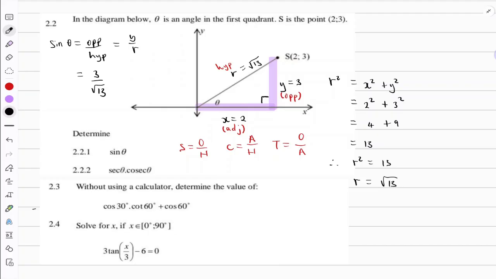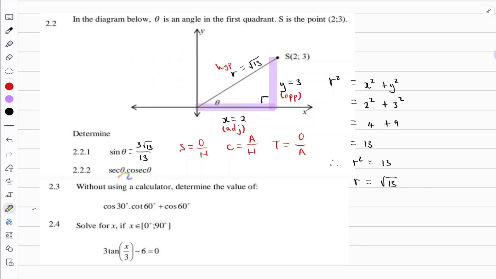So we can quickly rationalize the denominator. We can multiply this by 1, but 1 is as good as square root of 13 over square root of 13. So this is equal to 3 square root of 13 all over 13.